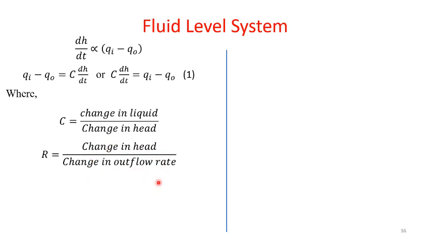So the change in head is here written as H, and the change in outflow rate is Q0, hence R is equal to H divided by Q0.